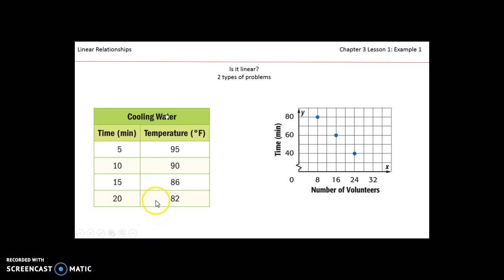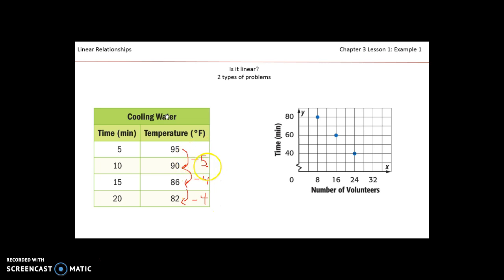All right, so table first. So change in time, this is the x column, this is the y column. Okay, and let me get my pen out here. If I go from 95 to 90, that is a decrease of 5. 90 to 86, that is a decrease of 4, and 86 to 82 is also a decrease of 4.